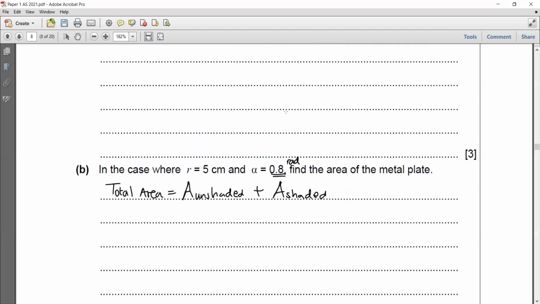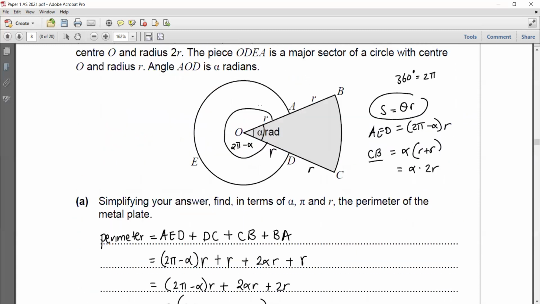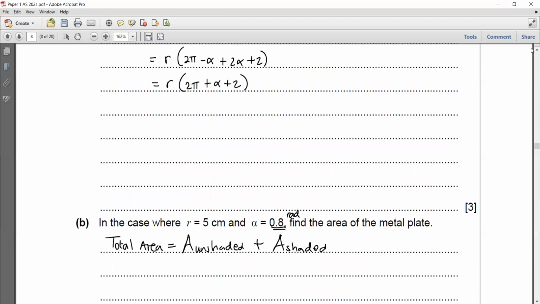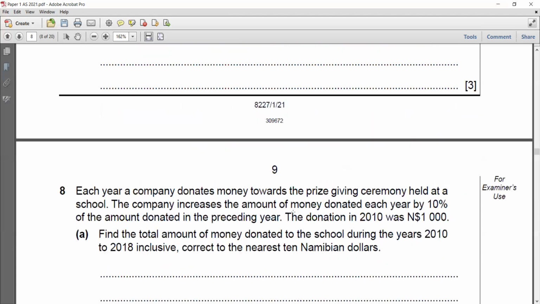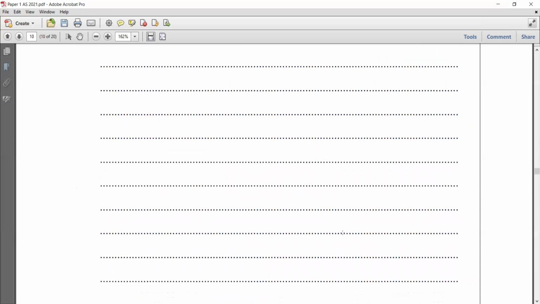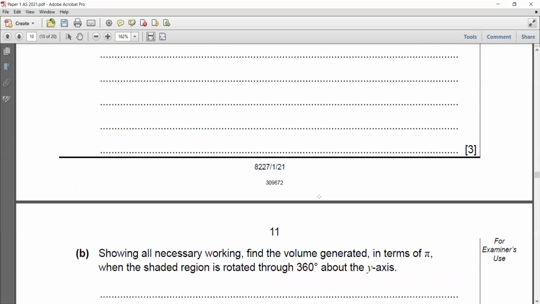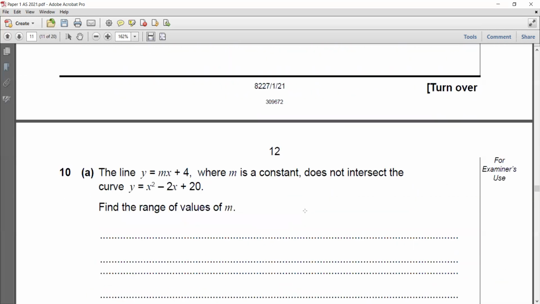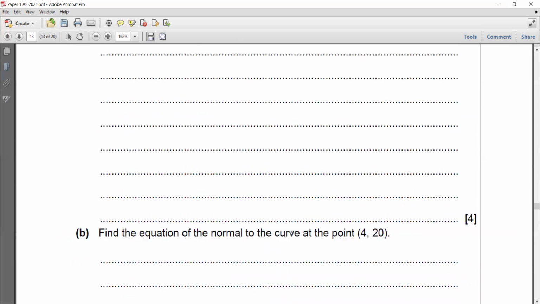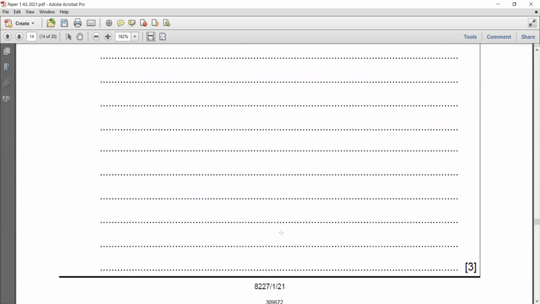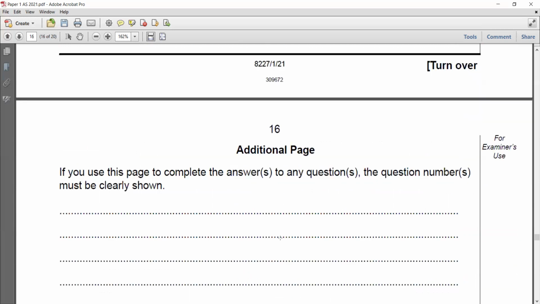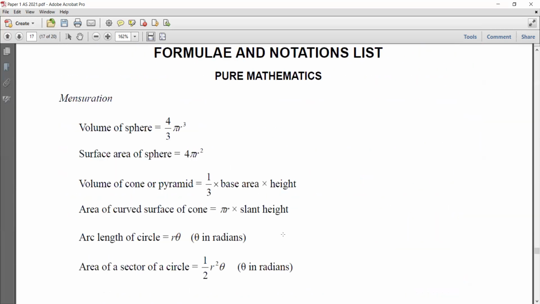Okay, so let's start with the unshaded area. We know the formula for the area, it's given here. I've been saying that all these formulas are given, and they are in fact given. Let me just scroll down to show you. If you have the paper with you, then you can just flip back.